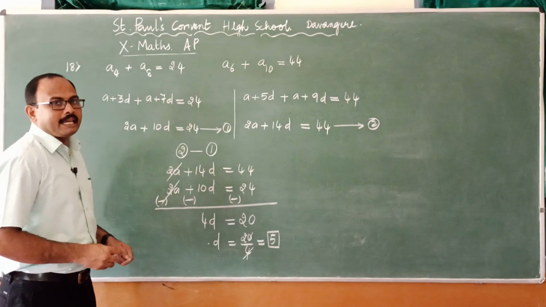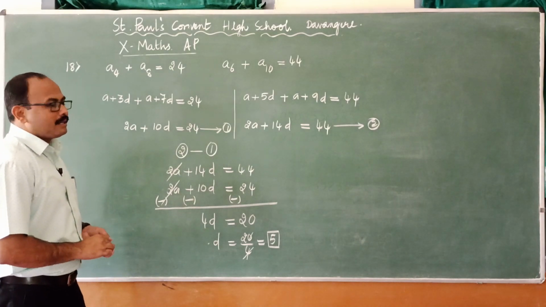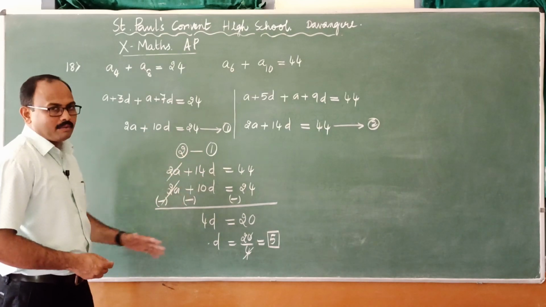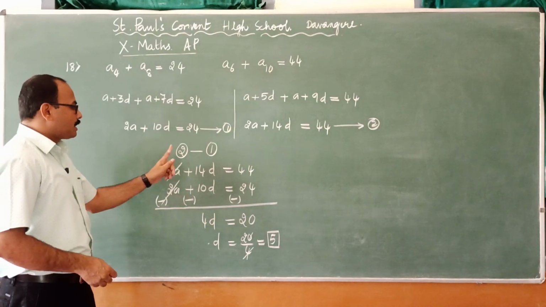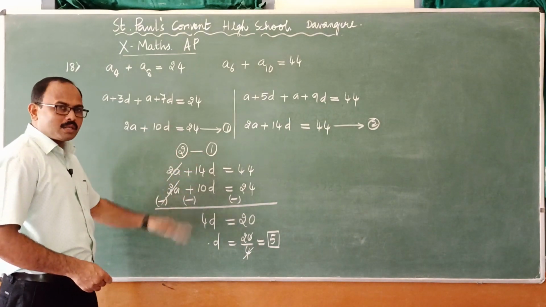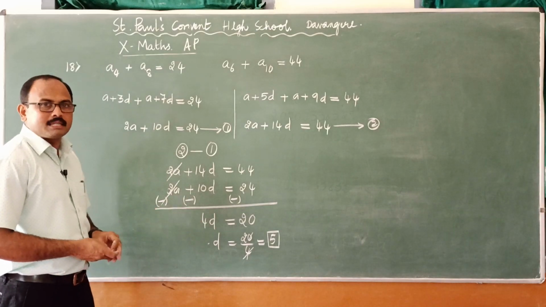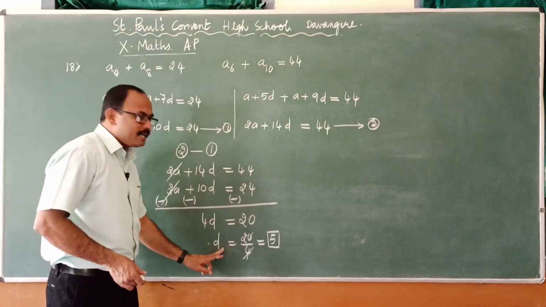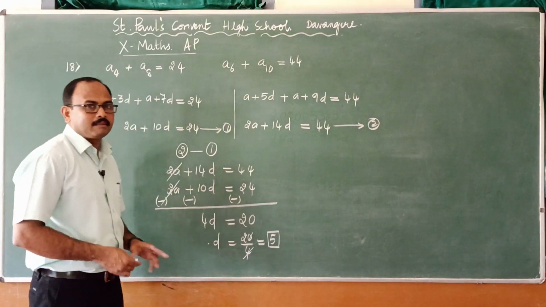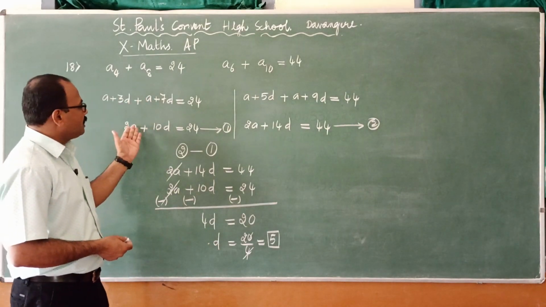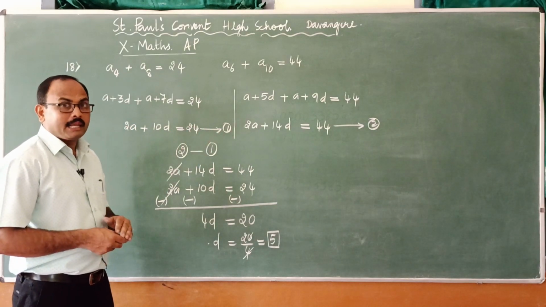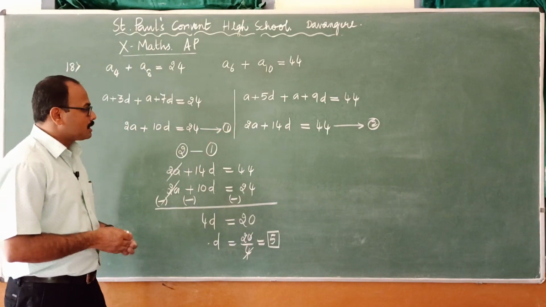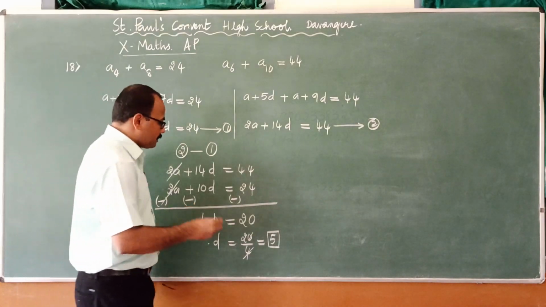Let's calculate a. See, children, I have taken equation 2 minus 1 and solved. You can take equation 1 minus 2 and solve; you must get the same answer. Then, where do I need to substitute this d? Either in equation 1 or equation 2. In any of the equations you can substitute, you will find the same value. Let me take the first equation.